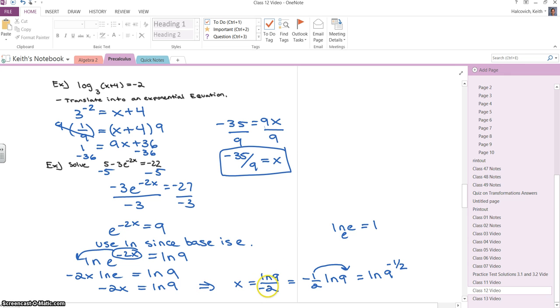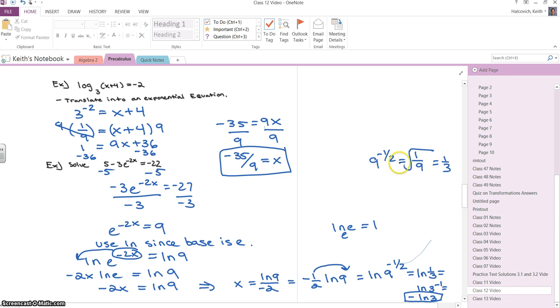And remember, 9 to the negative 1/2 is the same as 1 over the square root of 9, which is the same as 1/3. So basically, it's the ln of 1/3, which is the same as the ln of 3 to the negative 1st, which is the same as negative ln of 3.